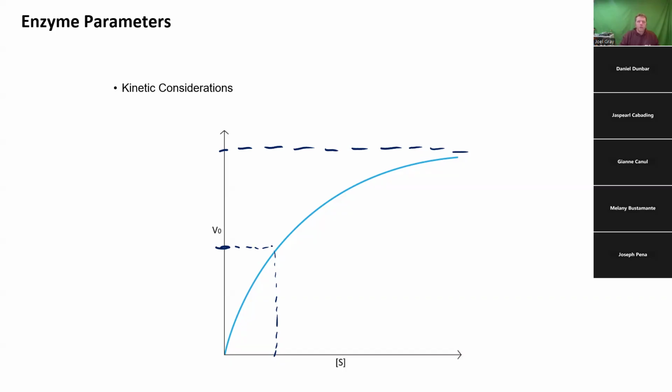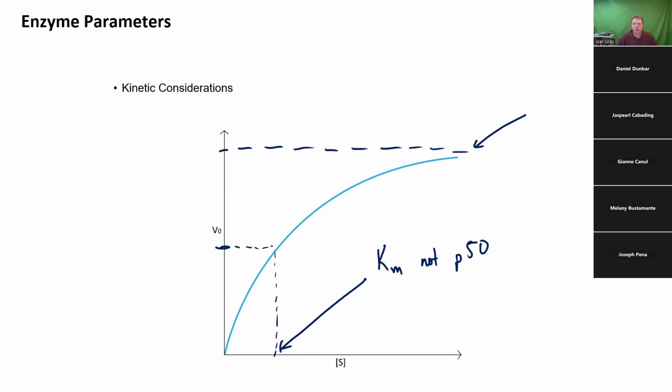Now, we do use different terms. For example, that point on an enzyme activity curve is known as a Km, not a P50. And then this point right here is, if you're driving your car and you put the gas pedal all the way down, and at some point the speedometer stops.